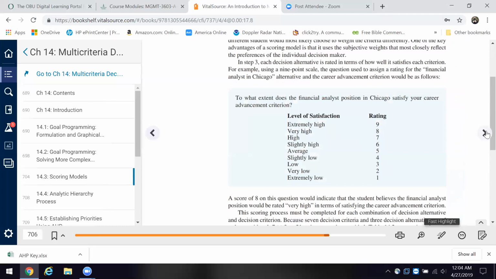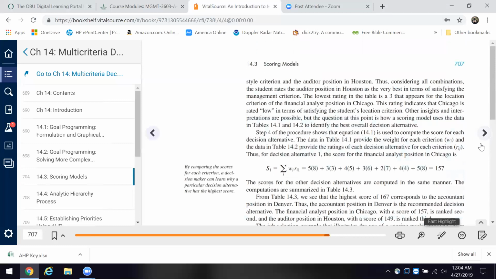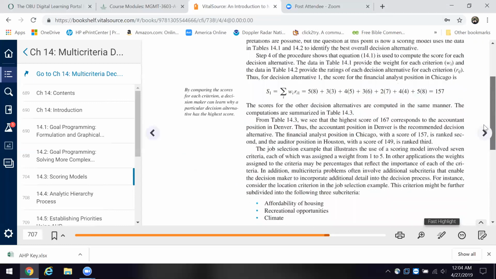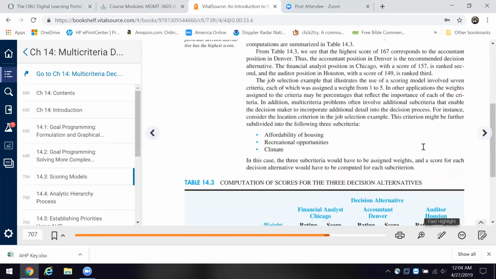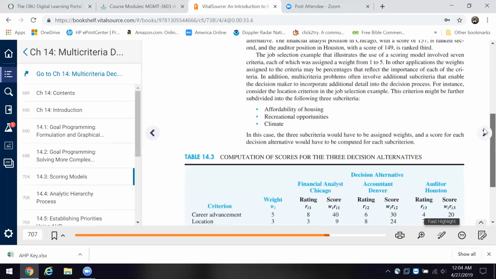Look at the extent to which it expands your career decision. And we can get a score for a particular alternative based on this weighting method. And then he talks about some other sub-criteria.